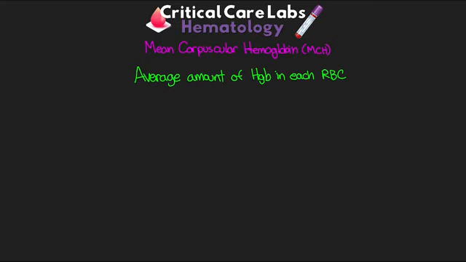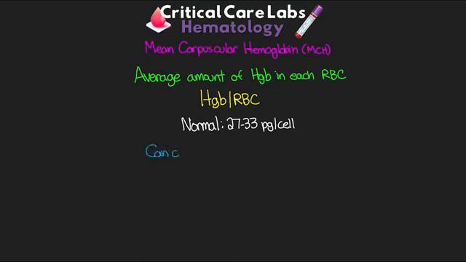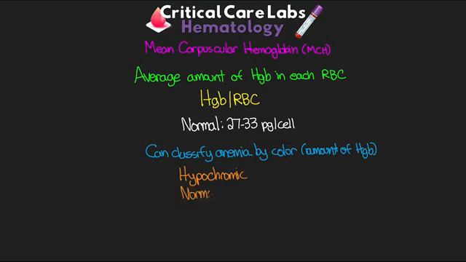This value is derived by taking the hemoglobin and dividing it by the red blood cells. Here the normal value is 27 to 33 picograms per cell. With this information, we can classify anemia based on color. This is a result of the amount of hemoglobin that's present, and it can either be hypochromic, normochromic, or hyperchromic.